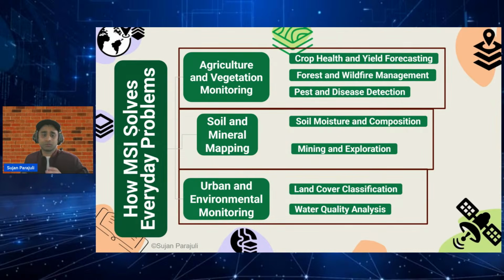So how is multispectral imaging used in our day-to-day life? What are the different fields or areas where it is used? It is used in agriculture and vegetation monitoring, and in forest and wildfire management. Let's say a fire occurred. MODIS is used to detect where the fire occurred.